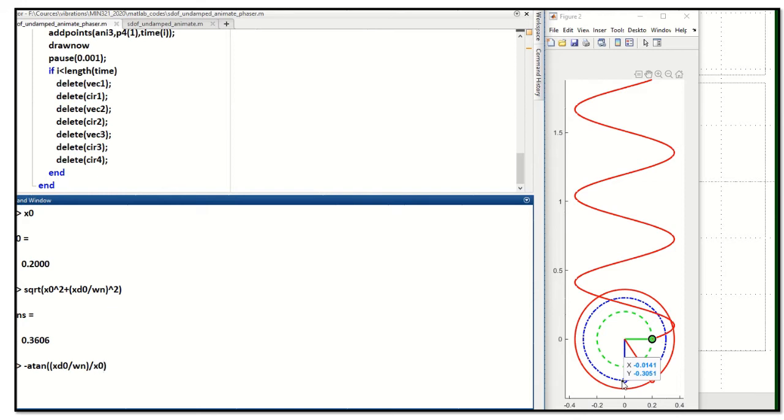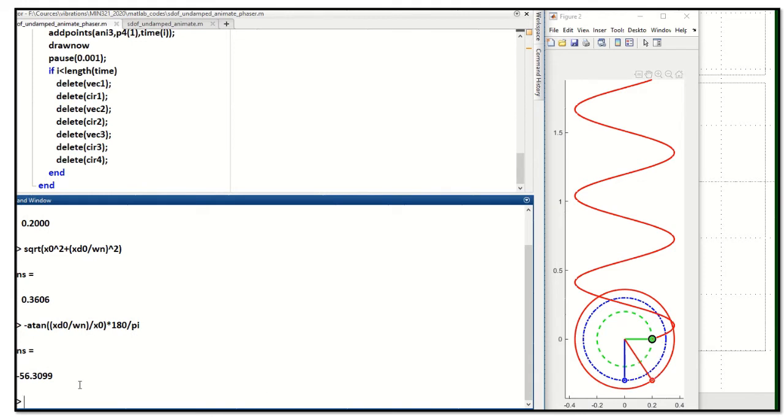If you do so, you will get the tan inverse, but this will be in radians. I don't want it in radians, so I'll convert it into degrees. It comes out to be equal to minus 56.31. So this angle is minus 56 degrees.